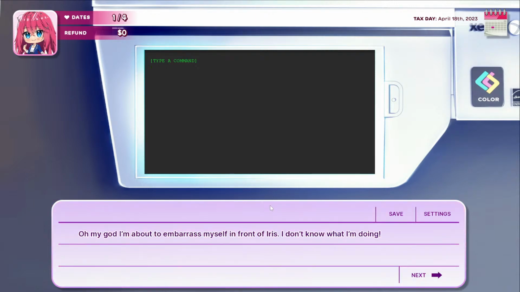My God, I don't want to embarrass myself in front of Iris. I don't know what I'm doing. I just can't sit here. I've got to type something in here. Run code. What the? Module. Wait, I'm just tapping in buttons. I'm on fire. I'm just typing in.